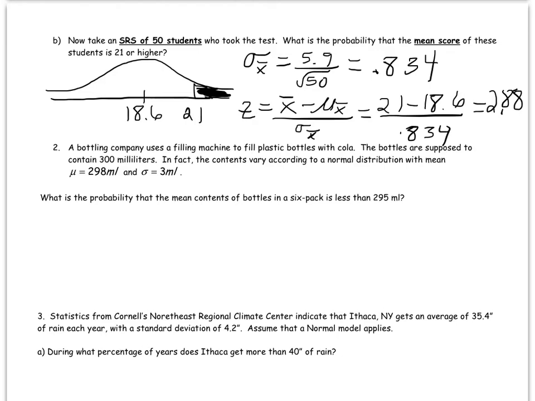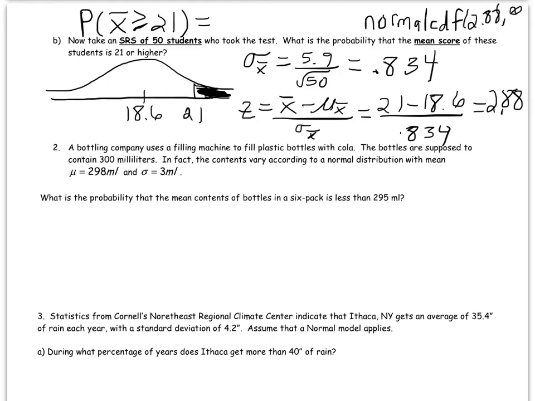So now I'm going to go up to the top here. The probability that my sample mean is greater than or equal to 21, I'll write it over here, is normal CDF of 2.88 out to infinity.